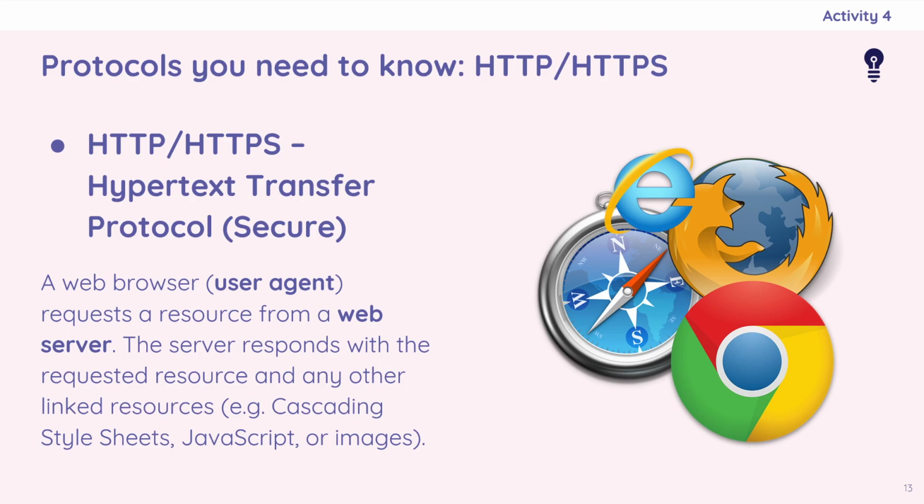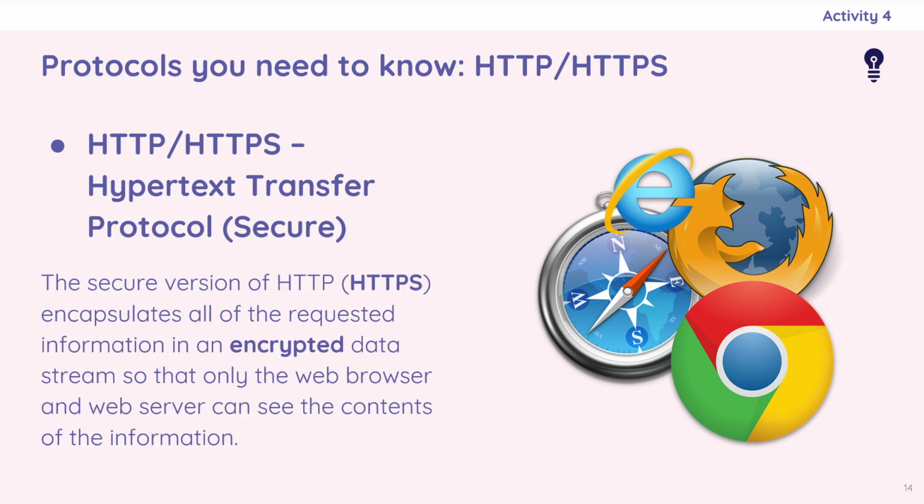The server responds to requests and downloads any CSS or cascading style sheets, any JavaScript or images that are needed to make the full web page. The secure version of that encapsulates everything we just looked at, but encrypts the data stream so that only the web browser and the web server can actually see the contents of the data that's being downloaded, essentially.